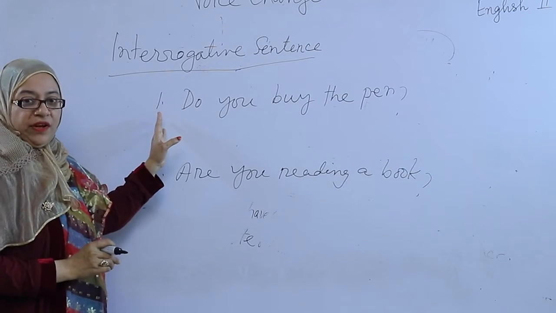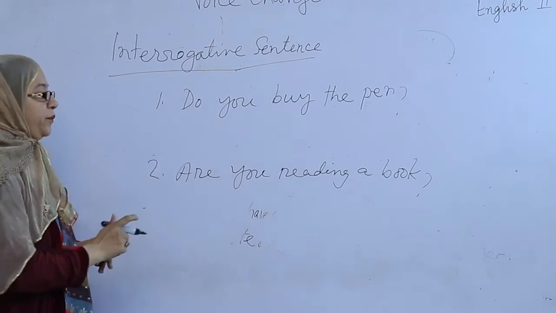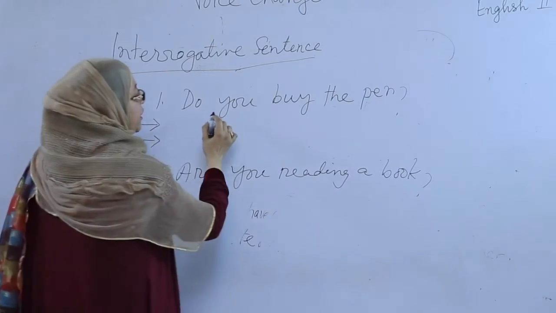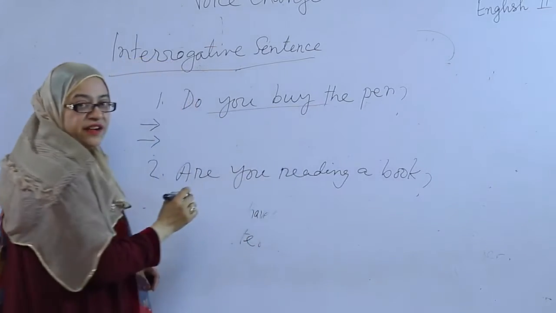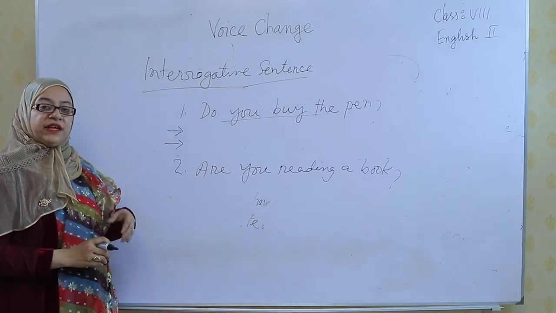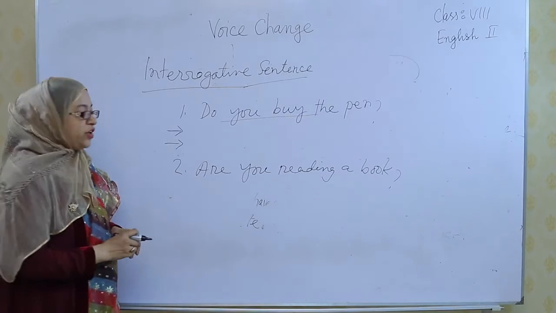This is an interrogative sentence. Do you buy the book? If you turn it into passive, at first you make the sentence an assertive sentence. If you turn it into an assertive sentence, then it is very easy to change it into interrogative.